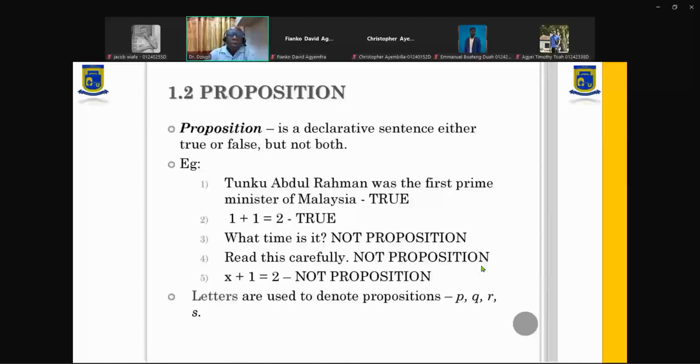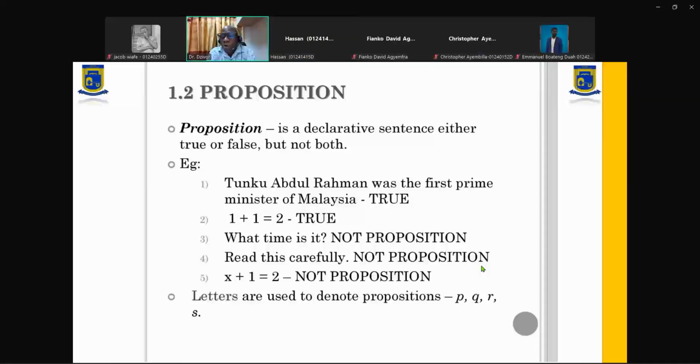Now, when we talk of propositions, we are talking of declarative statements which can be either true or false, but not both. For example, "Dr. Jivon is a lecturer in Accra Technical University."